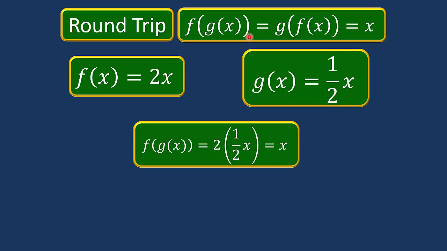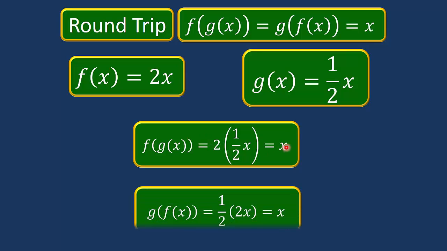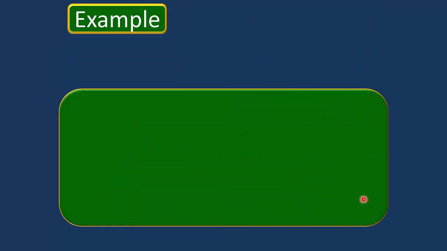Well, let's find f of g of x. I take the 2x, but in place of the x, I put 1/2 x. And notice the 2's cancel, and I get an x. Now let's go the other way, g of f of x. So I take 1/2, but instead of x, I put 2x. And notice I get an x. That means that f of x and g of x are inversely related. So we could say that g of x is really equal to f inverse of x.